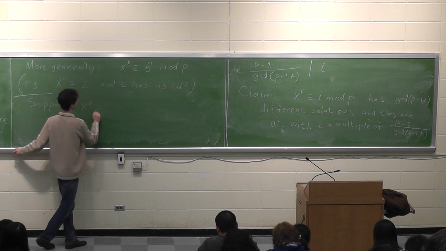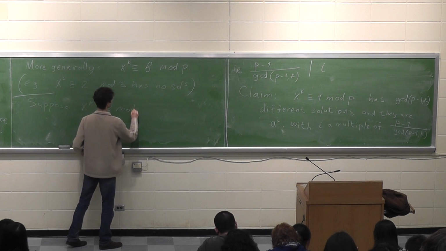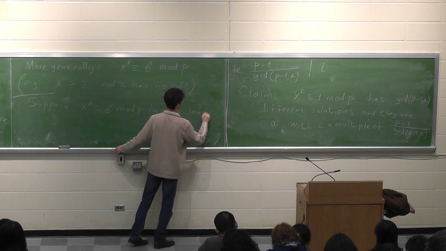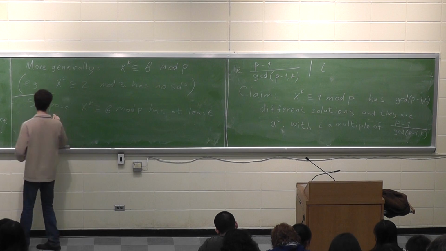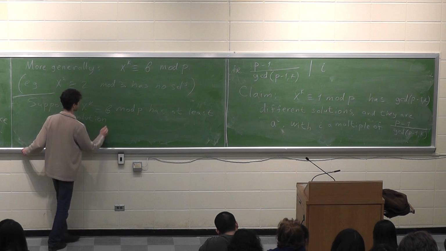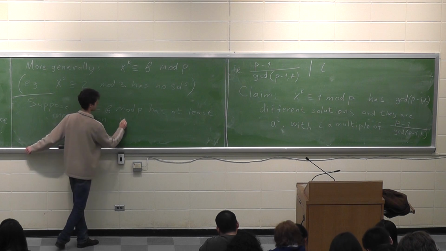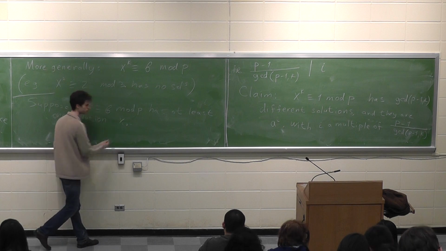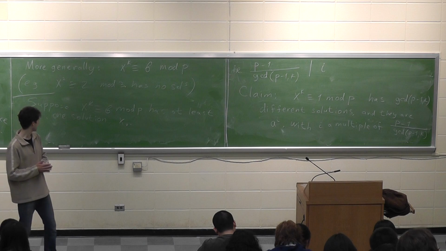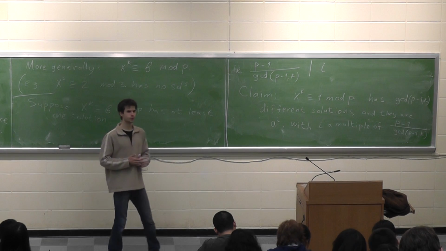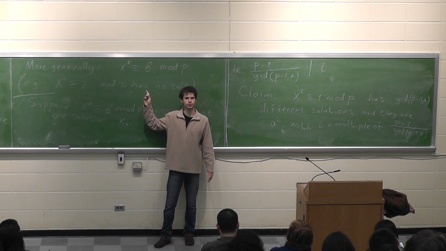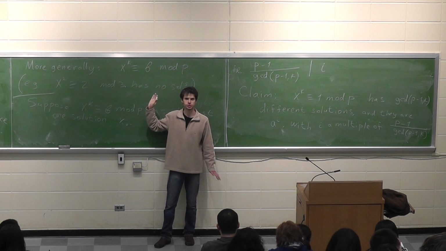x to the power of k is congruent to b modulo p has at least one solution. Well, one of the options is that b is equal to 0, and then the equation is not interesting.